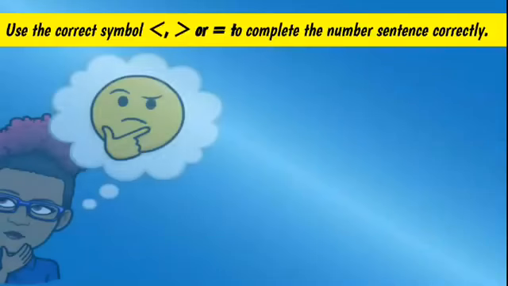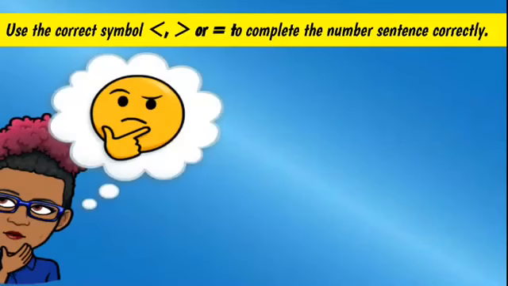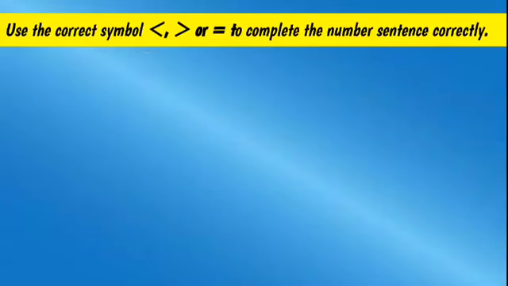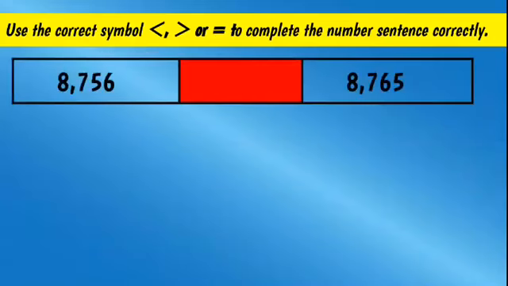Let's move on to quick practice. Again, you're going to use the correct symbol, less than, greater than, or equal to, to complete the number sentences correctly. So first, 8,756, is it less than, greater than, or equal to 8,765?